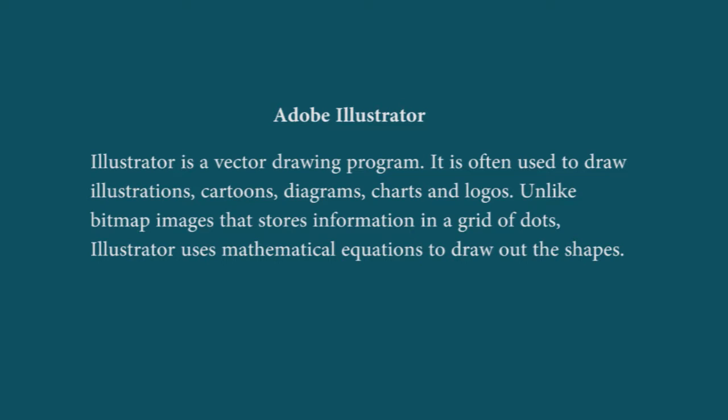Whereas Illustrator is a vector program. That means the shapes you create are made with mathematical equations, so you can scale them and resize them without losing the quality of the shape. That is the major difference between Photoshop and Illustrator.